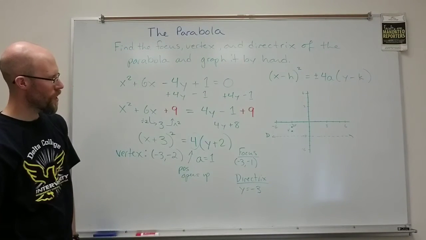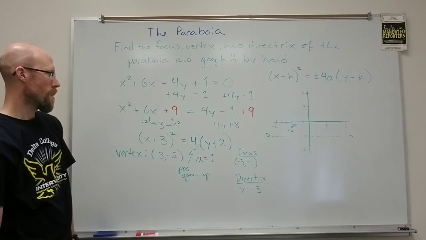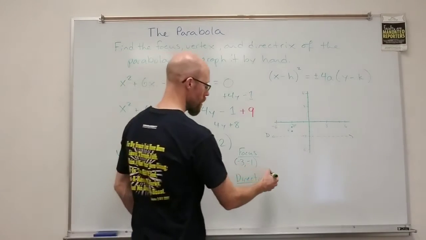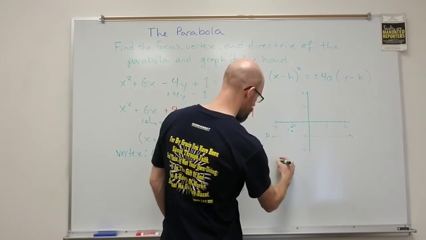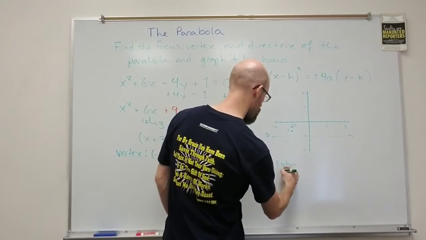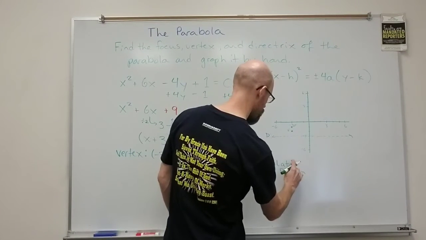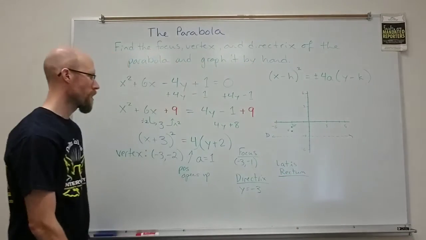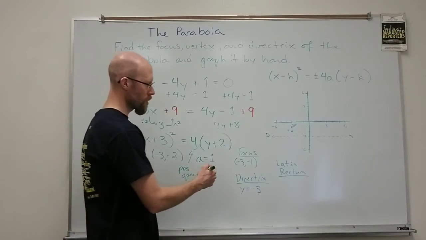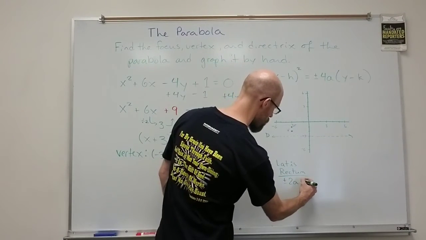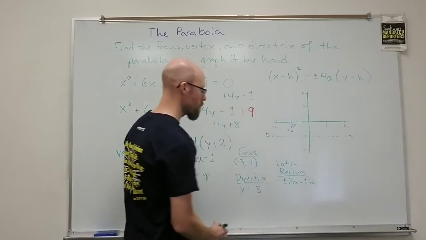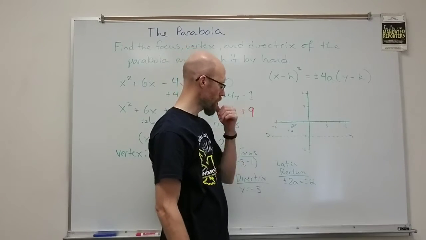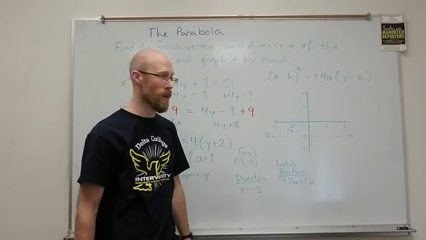Okay, and then let's see, what else do I need? Oh, I need each end of the latus rectum. And we know the latus rectum to be 2a in either direction. I keep spelling that wrong. The ends, again, they're going to be plus or minus 2a, so plus or minus 2 because the a value is 1. From the focus, I need to go 2 units in each direction.